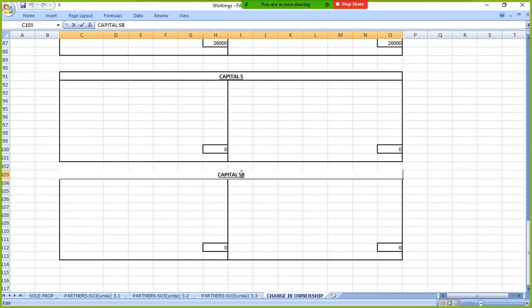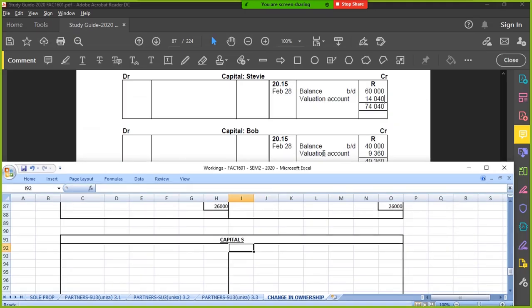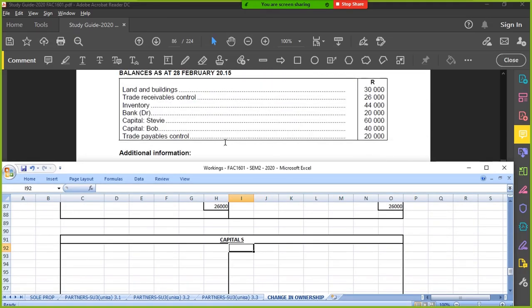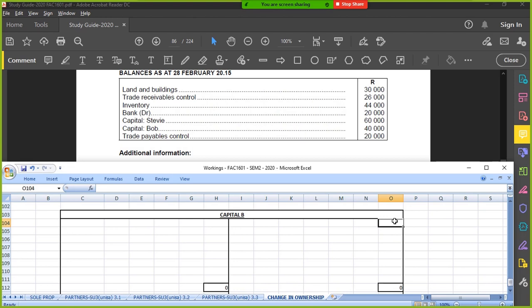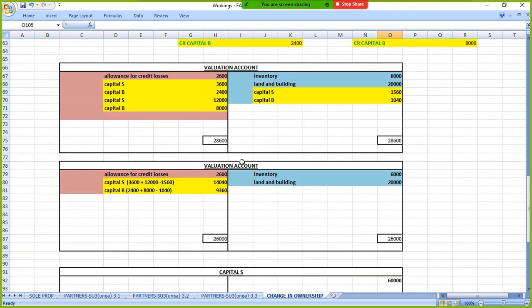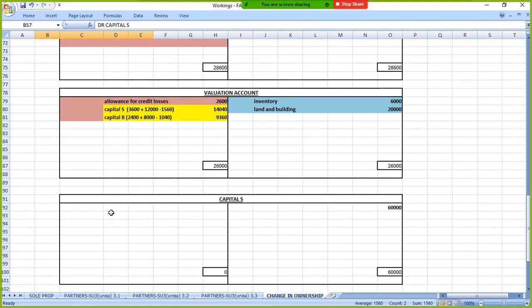In Stevie's account, we need his balance. Stevie had 60 and Bob had 40. In their individual accounts, I would have referenced what they had. So, debit capital S with that amount.